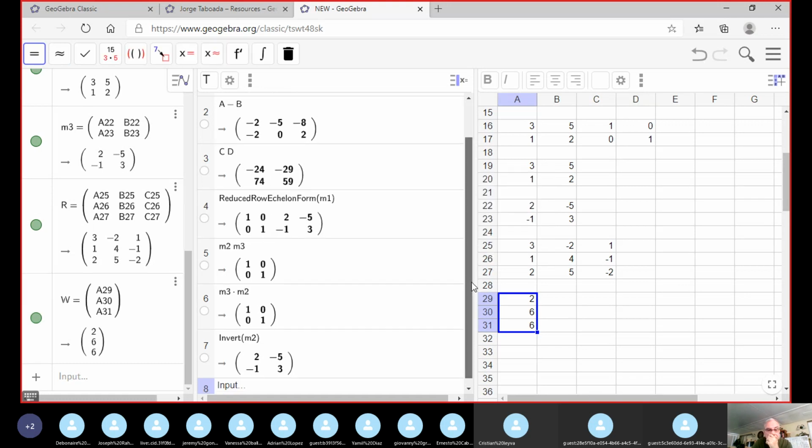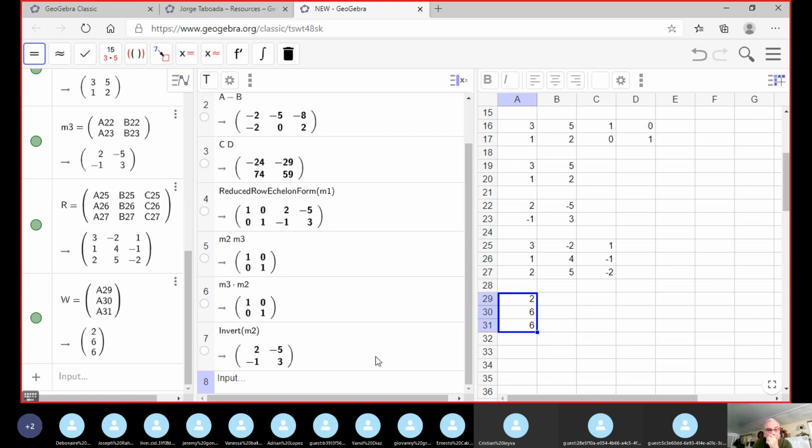Okay, so I need to find the inverse of R multiplied by W. That's the solution, no? Inverse of matrix.